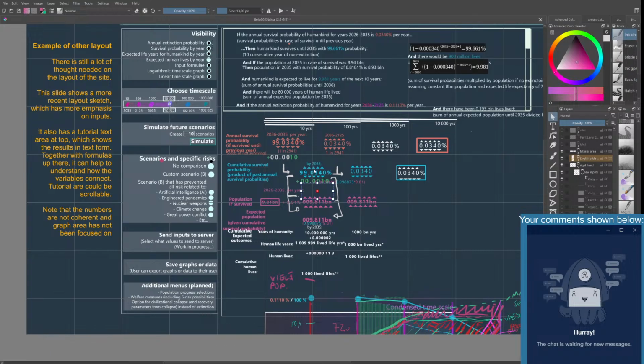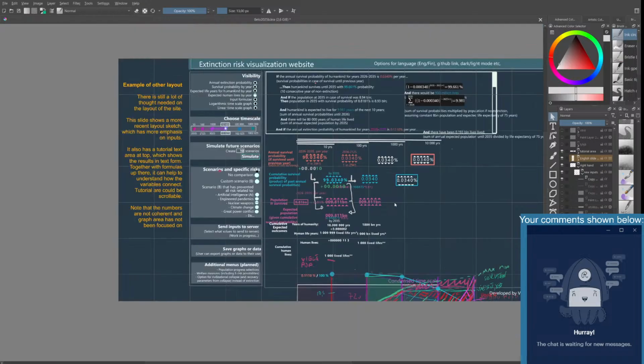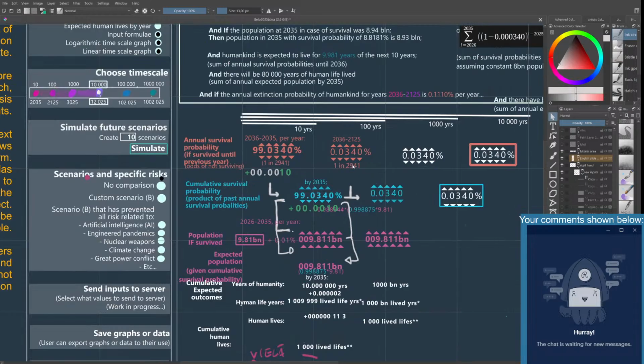If we have by 2035 and then 2025 or 2026, which is the starting point, then the user has to figure out, well, okay, what's the population in year, what is that, 2125 or 3025.